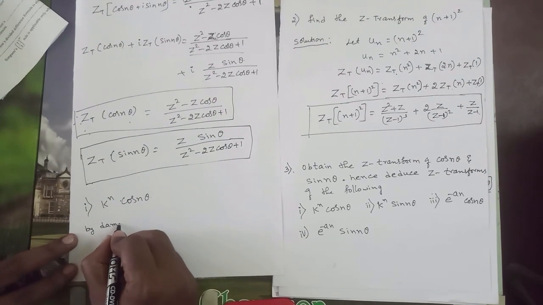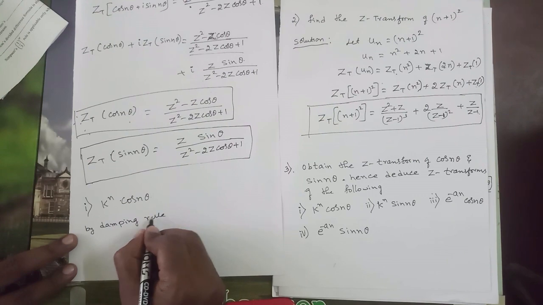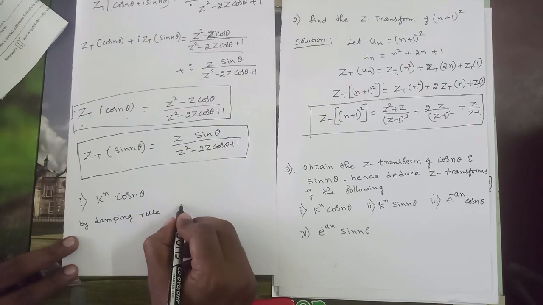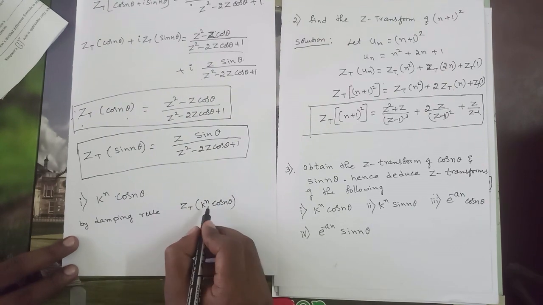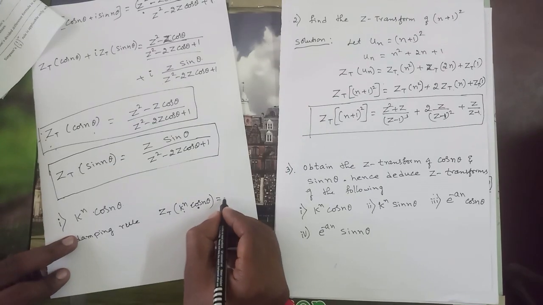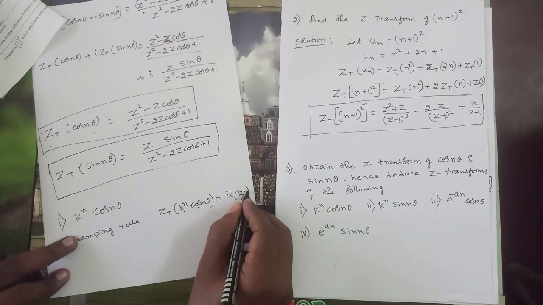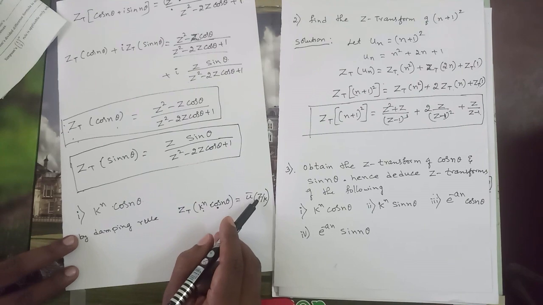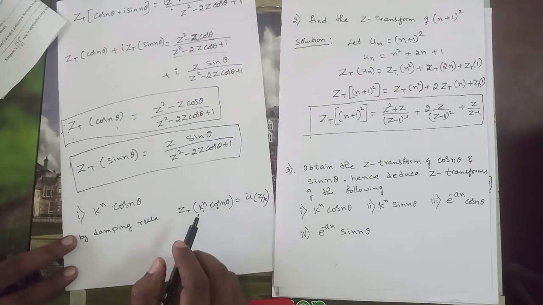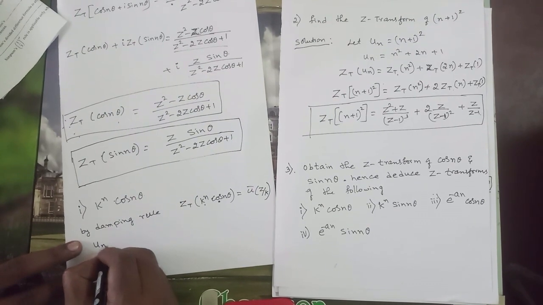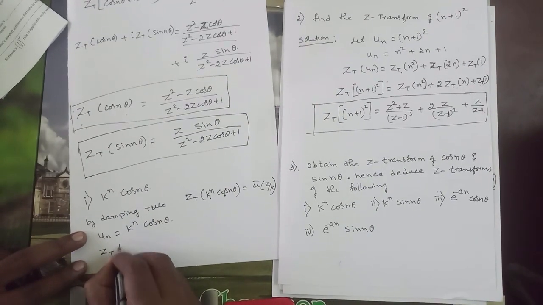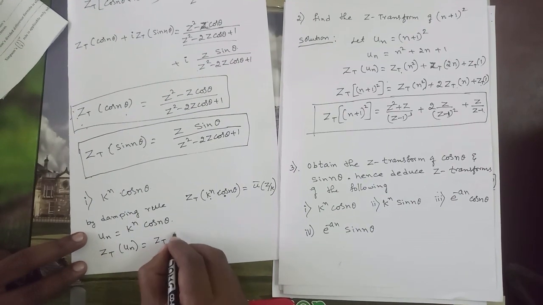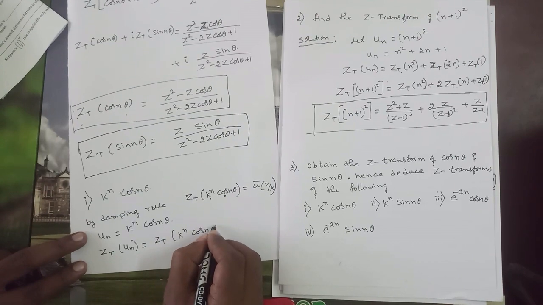By damping rule, the Z transform of k to the power of n into u n becomes u bar of z by k. Wherever you have z, you have to replace z by k. So remember that one. Here u n equals k to the power of n into cos n theta, so the Z transform of u n equals the Z transform of k to the power of n into cos n theta.